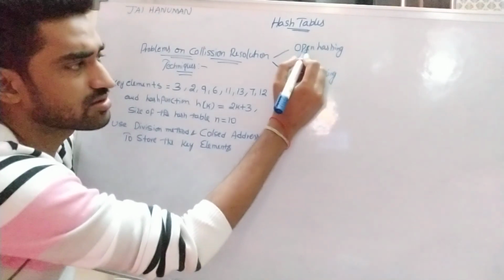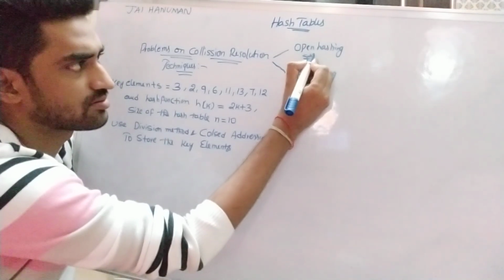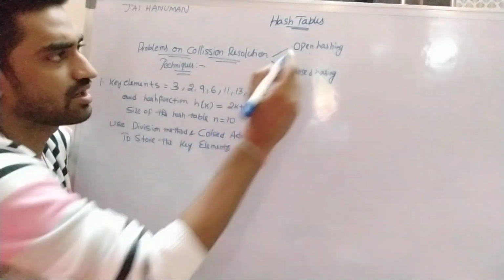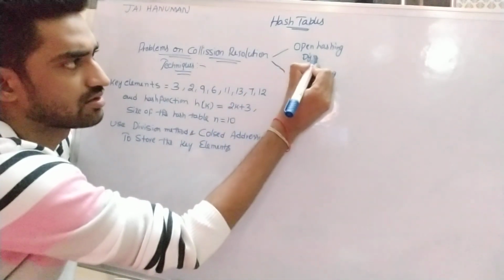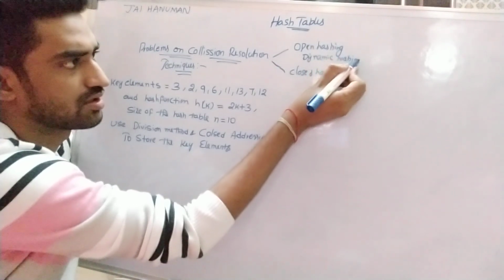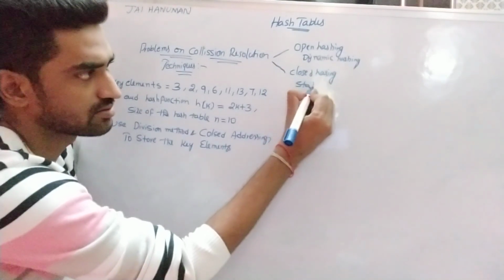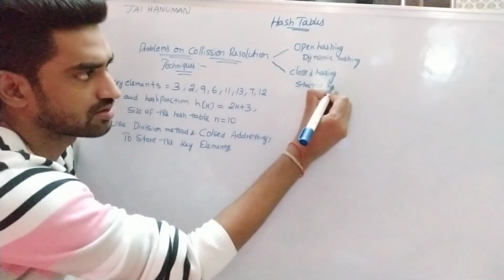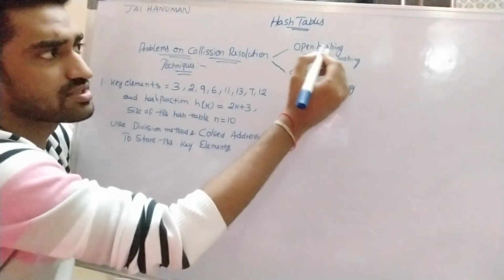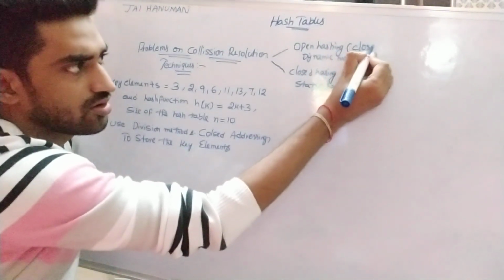Open hashing is also called as static hashing, dynamic hashing, closed hashing is also called as static hashing. And one more important thing, open hashing is also called as closed addressing.